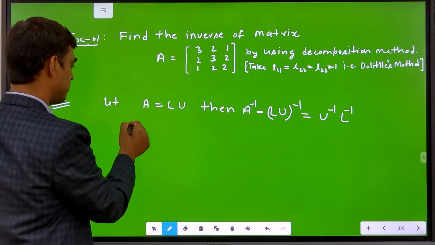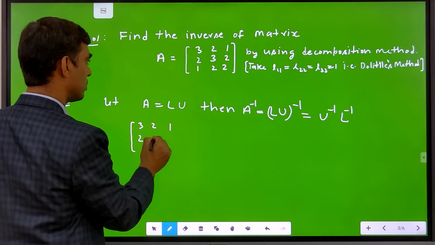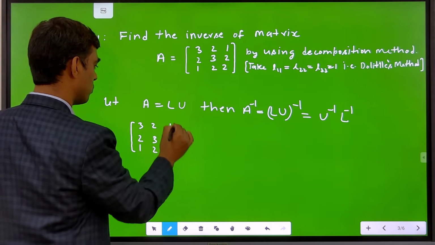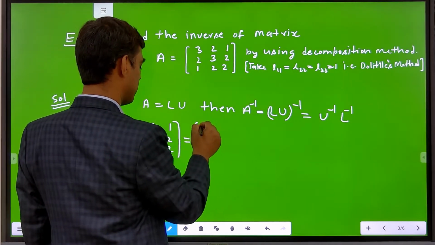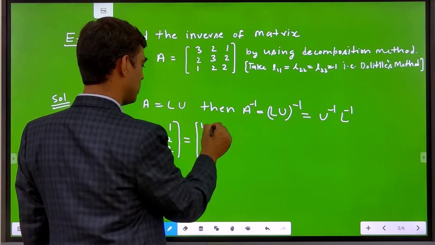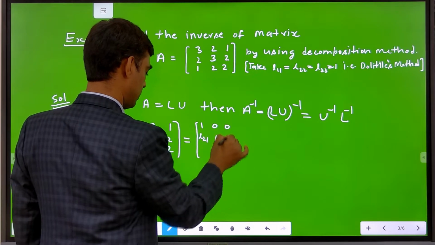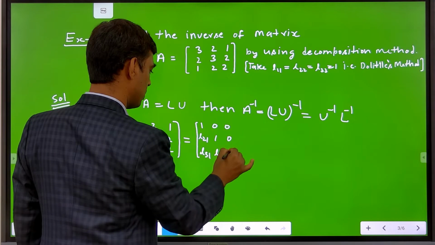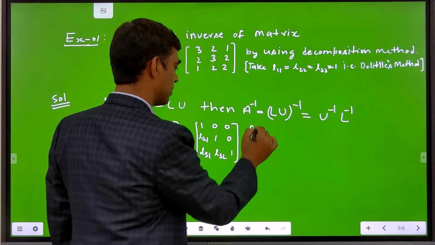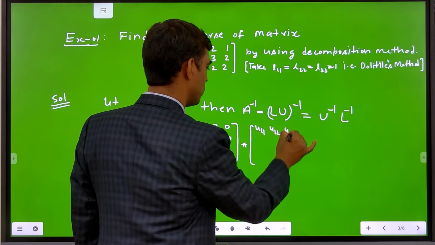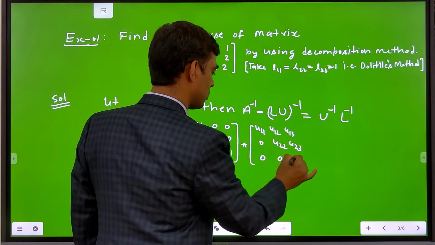So here A is 3 2 1, 2 3 2, 1 2 2, and this equals the lower triangular matrix with rows 1 0 0, L21 1 0, L31 L32 1, into the upper triangular matrix with rows U11 U12 U13, 0 U22 U23, 0 0 U33.